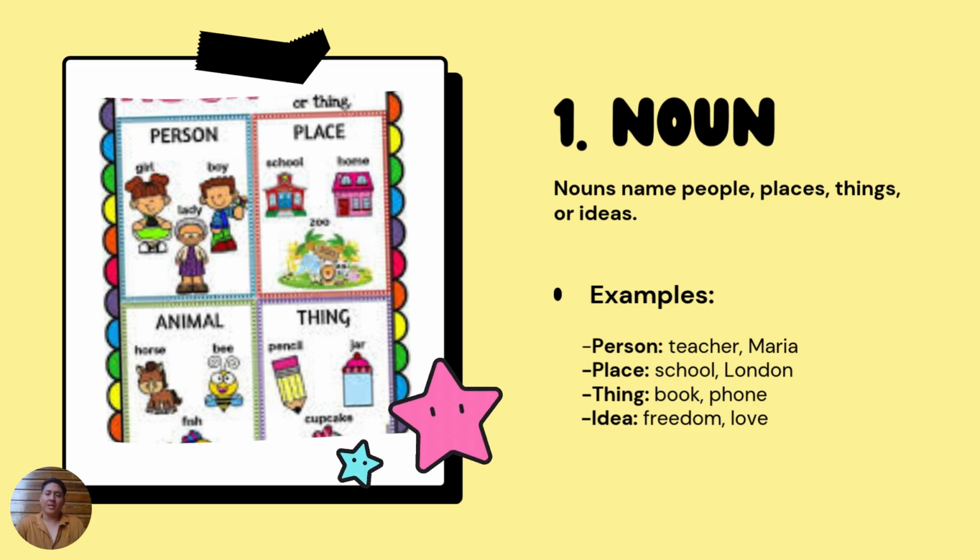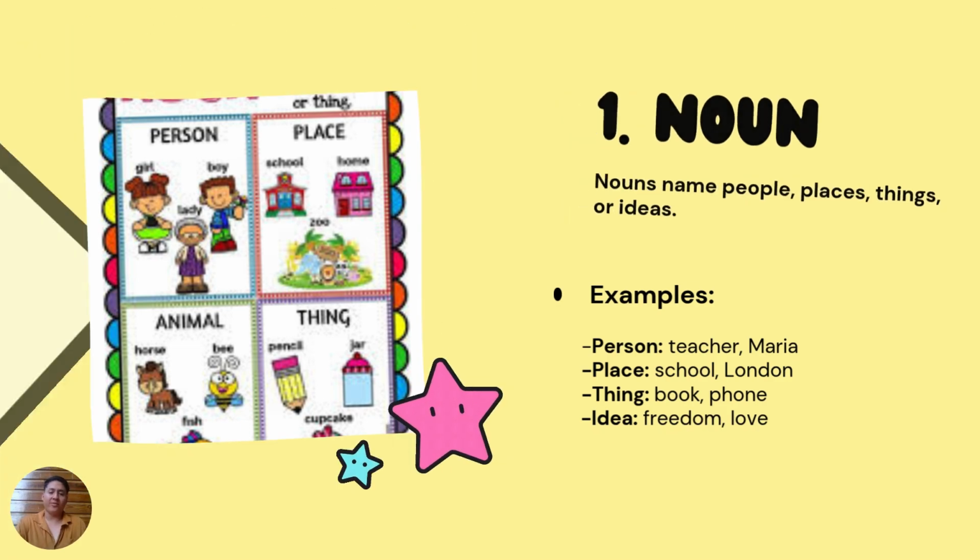A place can be a school in London. You can name things, for example, book, phone, car, motorcycle. And you can name an idea, for example, freedom or love.